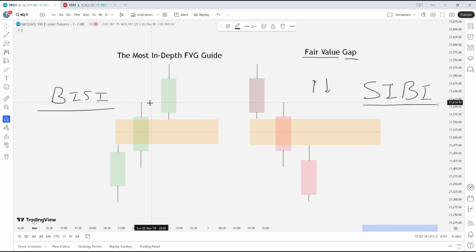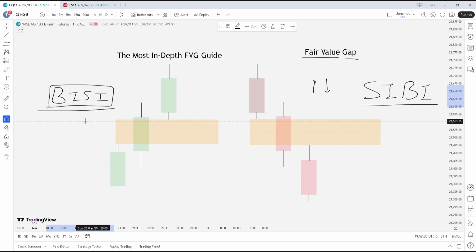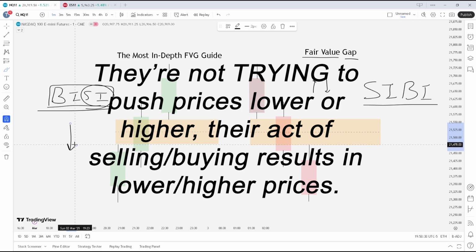And I think the easiest way that you can think about these fair value gaps is literally just taking a look at this acronym and thinking about what it means. So if we have buy side imbalance and sell side inefficiency, let's take a look at the sell side inefficiency part first. Sell side inefficiency would mean that the sellers, or the people that are trying to push the prices lower, are inefficient, right?